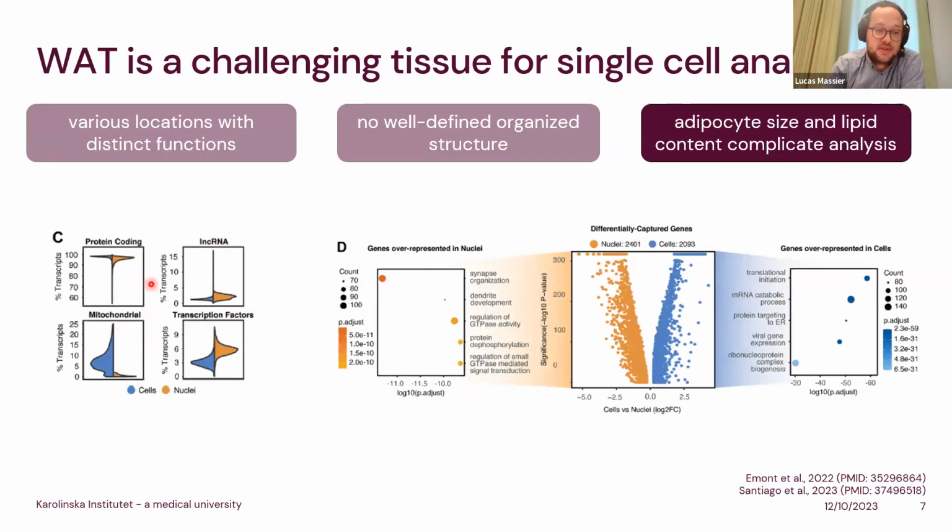For example, they saw differences in the abundance of protein coding transcripts, but also long non-coding, mitochondria and transcription factor transcripts. It was quite an extensive number of genes that were differentially captured by the specific methods and that also play a role in very specific biological pathways. So this is something that one should consider when analyzing one or the other method.